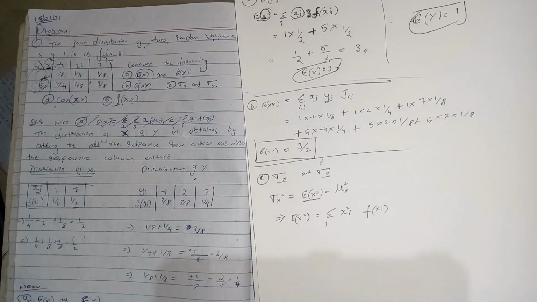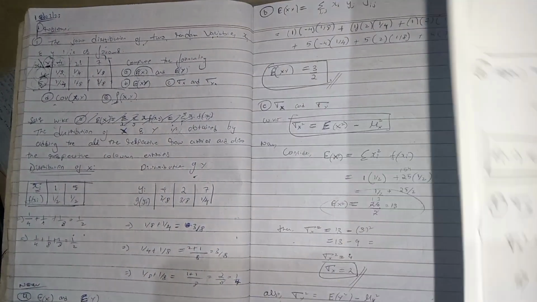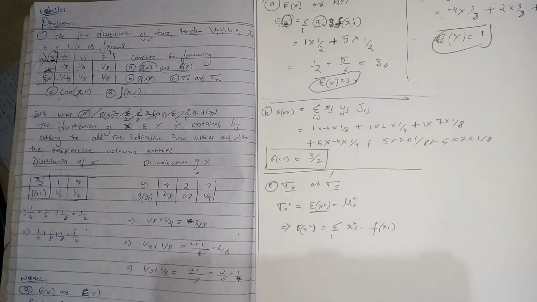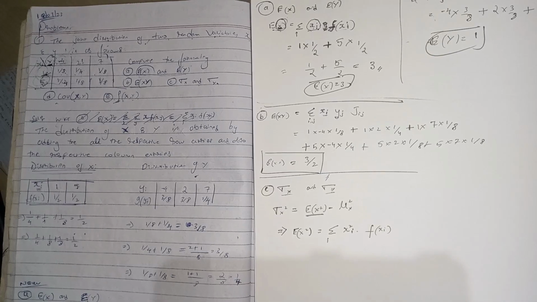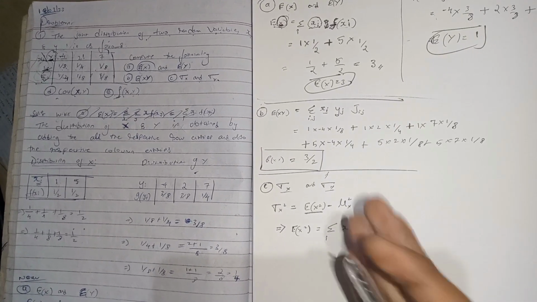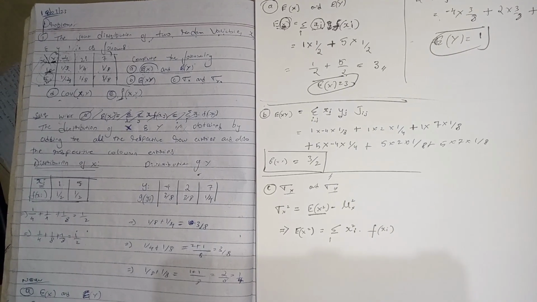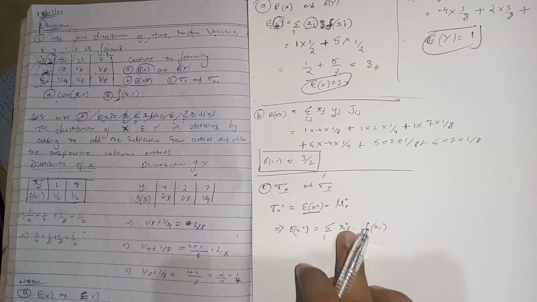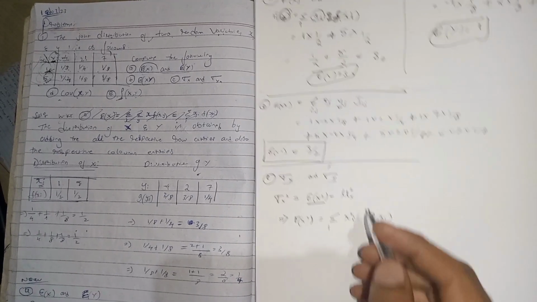This is f of xi because this will be a common term for you; it won't get changed, because it is a common value for your table. Only this value changes to e of x square. Now we shall find this.